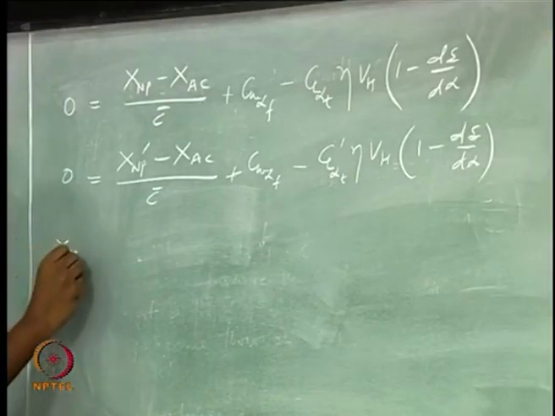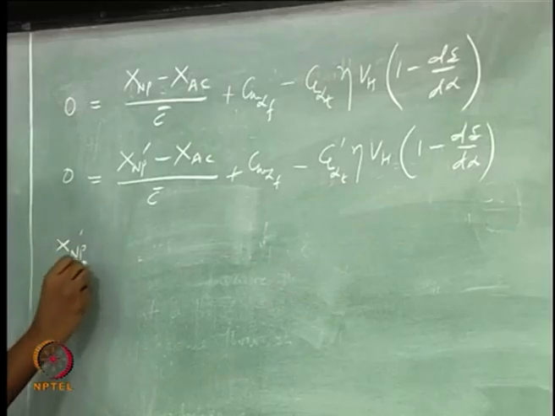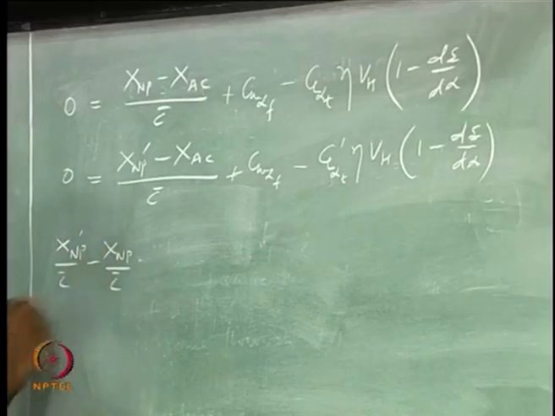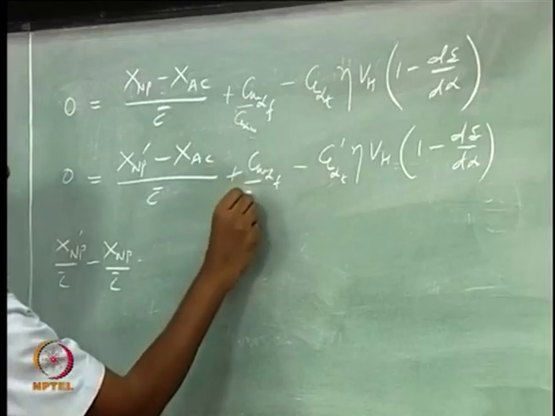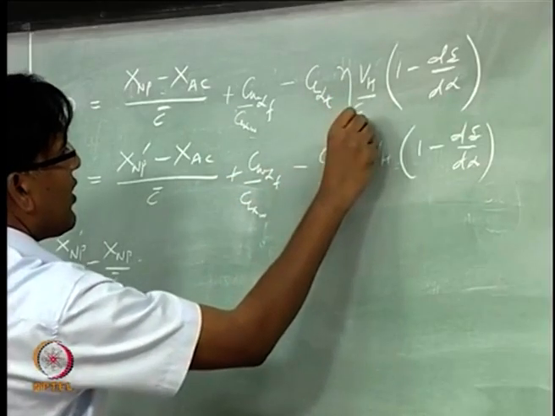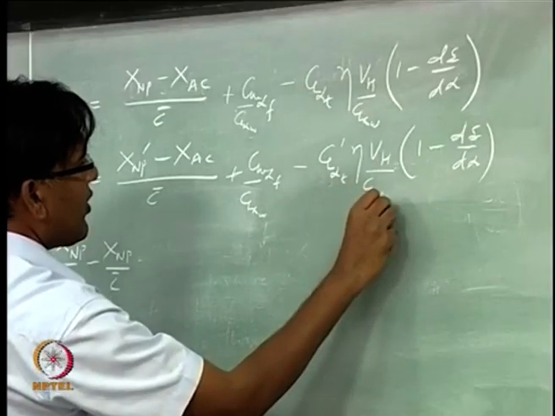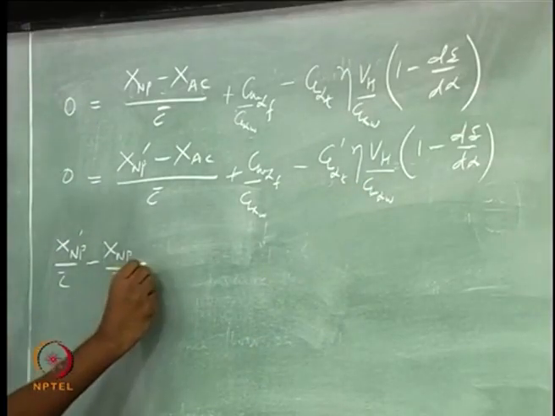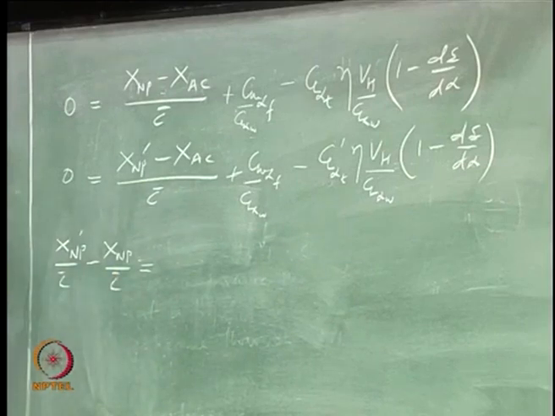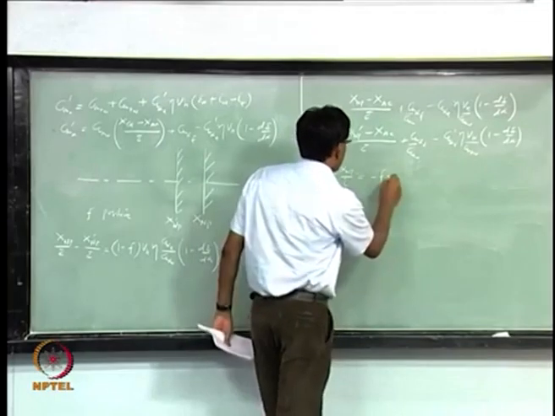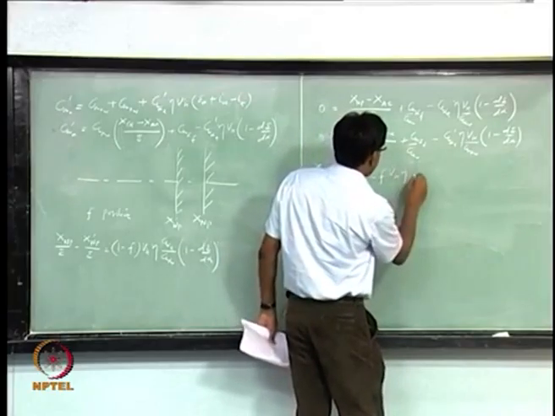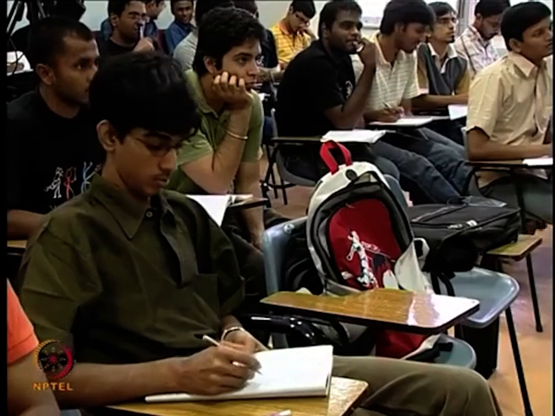Yeah. So x and p prime. CL alpha w is the one. So CL alpha t minus CL alpha t minus, okay, just be minus f. It will be minus f into VH theta, CL alpha t by CL alpha w. Okay.